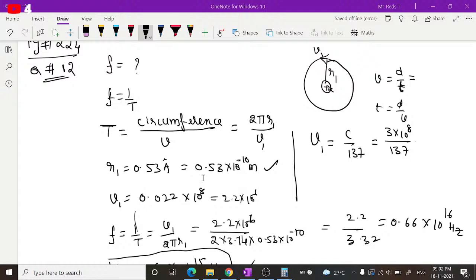So here, hydrogen atom emits photon of energy 12.1 electron volt. I'll take n.